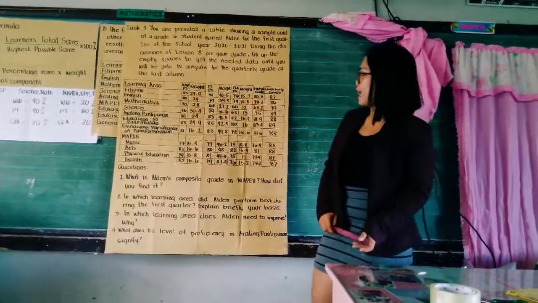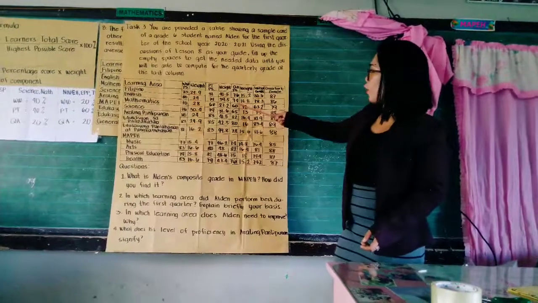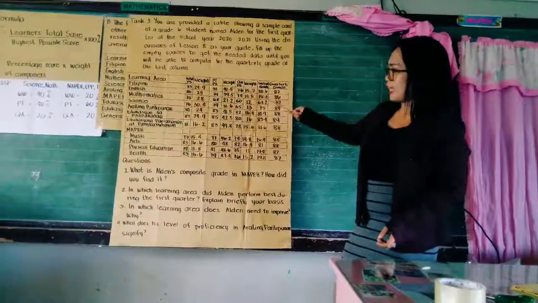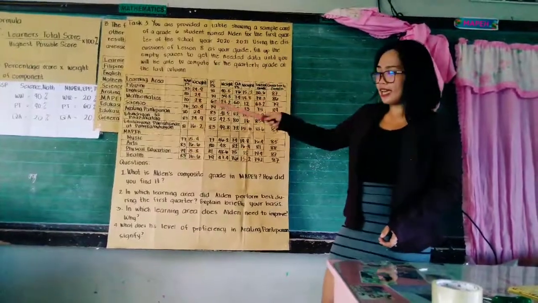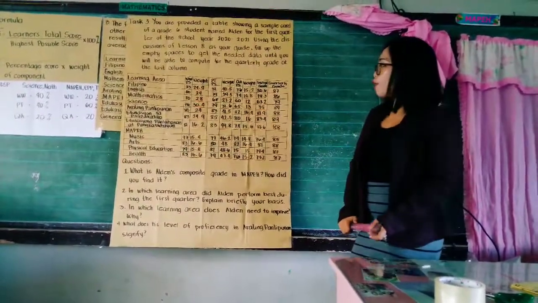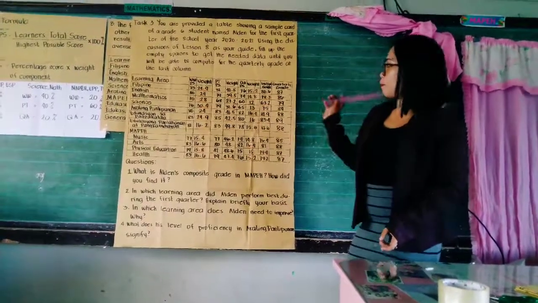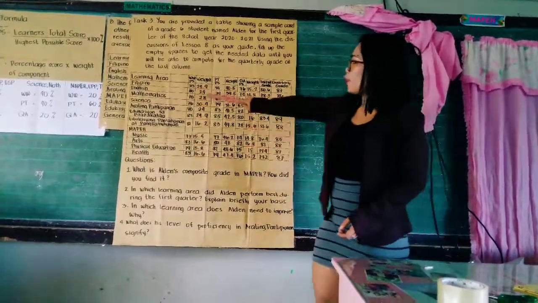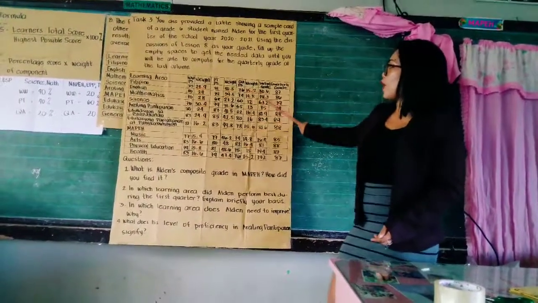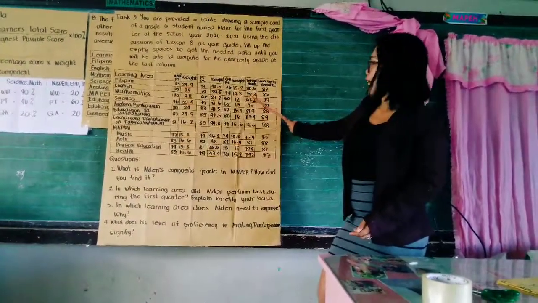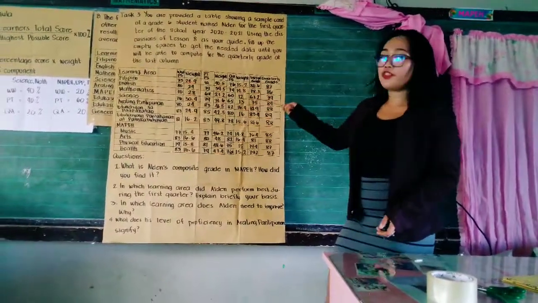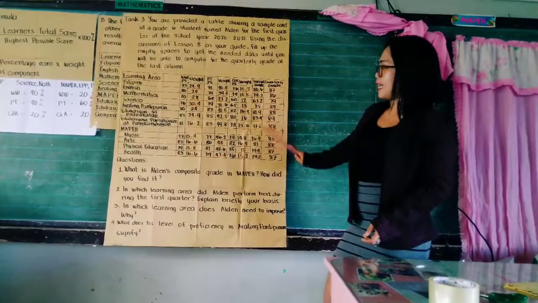Then, 74 times 20% equals 14.8. 20% again because the weight of the quarterly assessment of English is 20%. So, 24 plus 39.5 plus 14.8 equals 78.3. Then, the transmuted grade of 78.3 is 86.